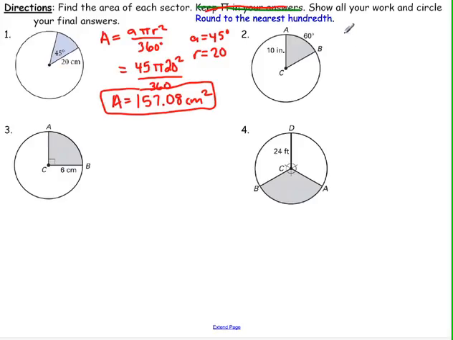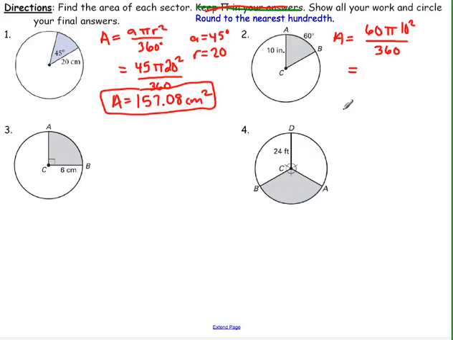Number 2, we basically will say area equals. In this case, they give us our degrees on the outside as opposed to the inside. Either way is fine. They both tell us what portion of the circle it is. So we'll say that's 60 times pi, our r in this case is 10, so we'll square the 10, and divide that by 360.